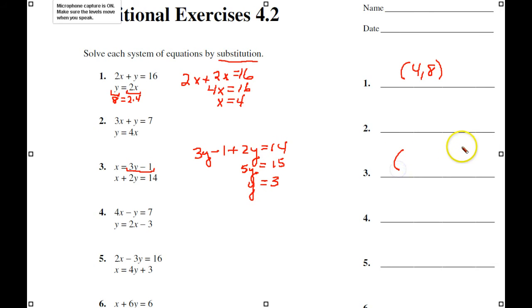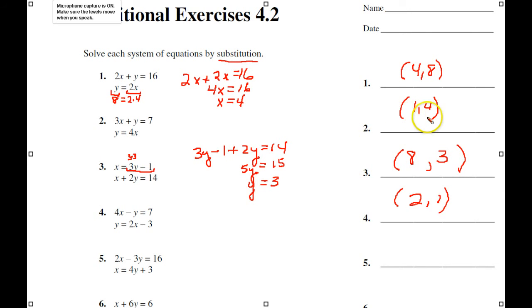So here I've gotten the y this time. So now I put the 3 where the y is. So 3 times 3 is 9. 9 minus 1 is 8. So for number 3, that's my ordered pair.